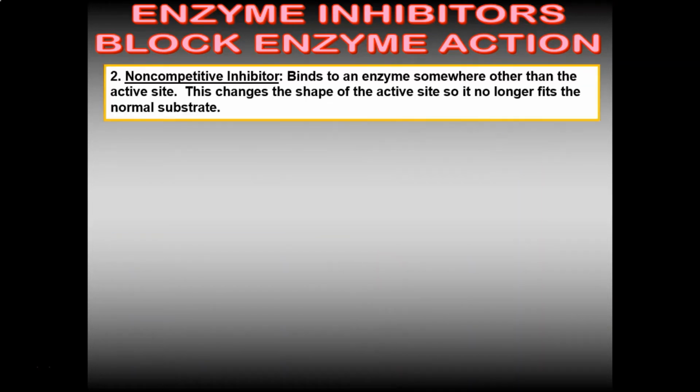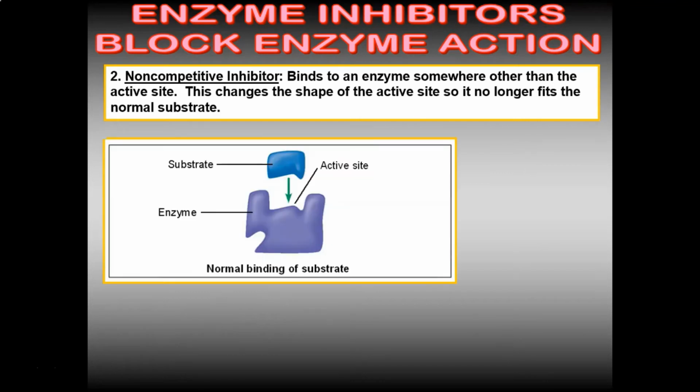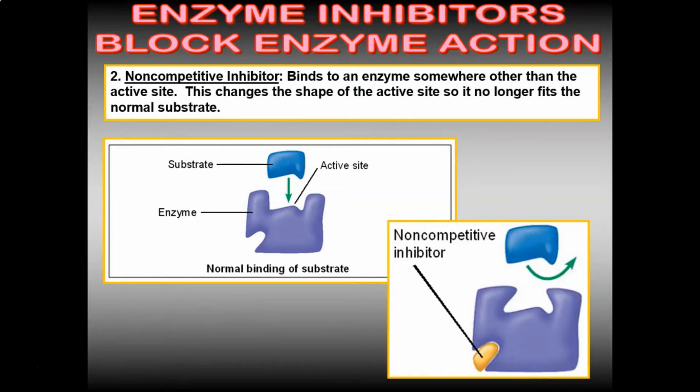And when you go into non-competitive inhibitors, this is important for you to understand basically protein structure and function again, because you can bond something somewhere other than the active site. So here's normal, that's the way it should work, but by me bonding maybe something down here, okay, now that little bit of bonding changed the active site, and now it's turned off.